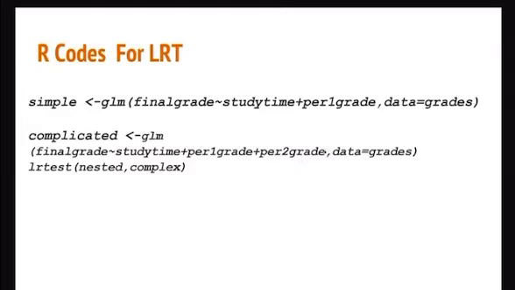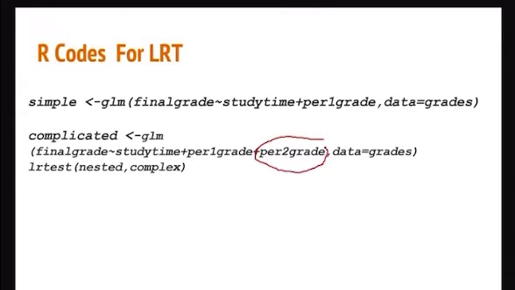What you are actually testing is this. Does that make sense? That is a major thing you are testing, because study time and midterm 1 grade are also inside the complicated model. And if the regression coefficient for midterm 2 grade is equal to 0, what happened? Then you're going to go back to the simple model.